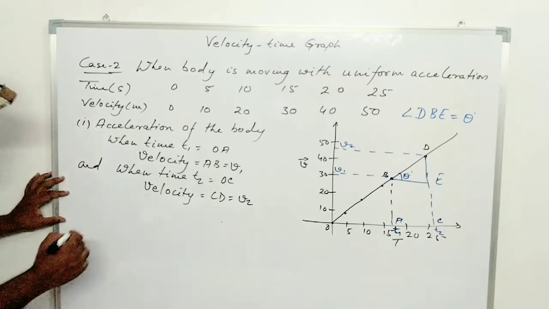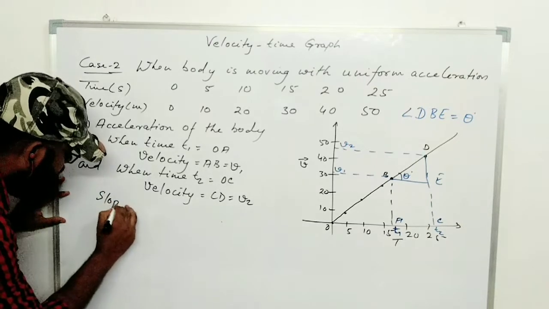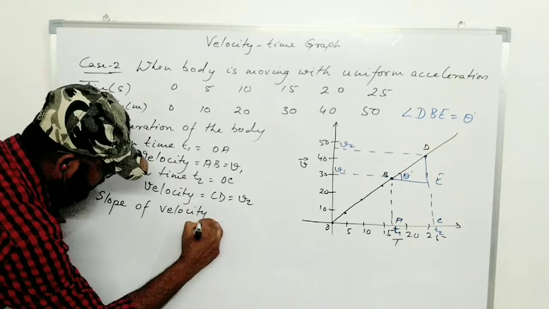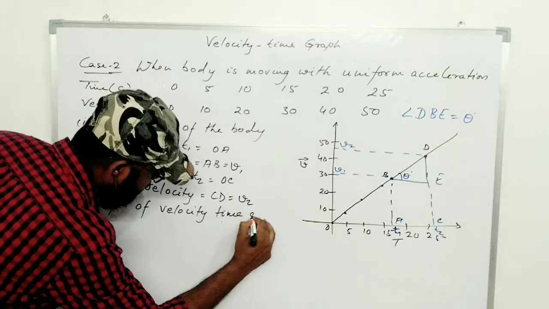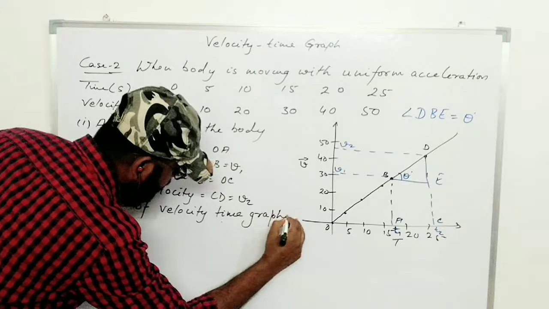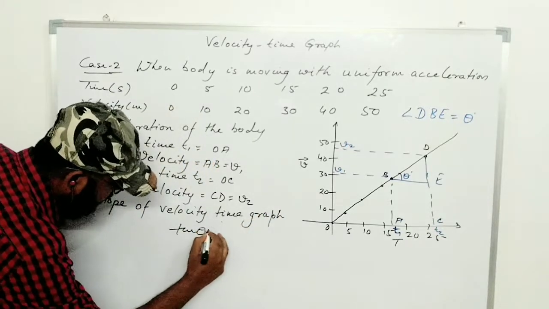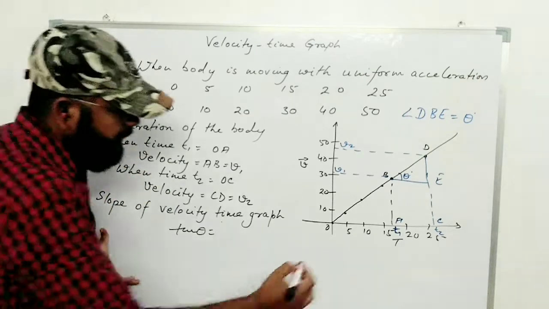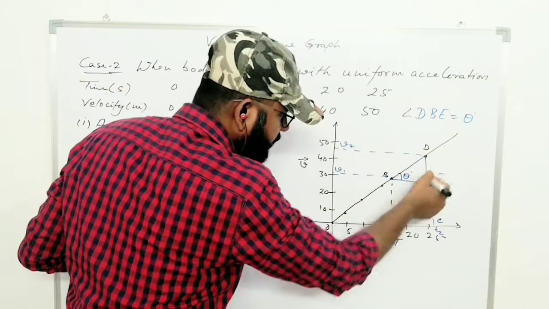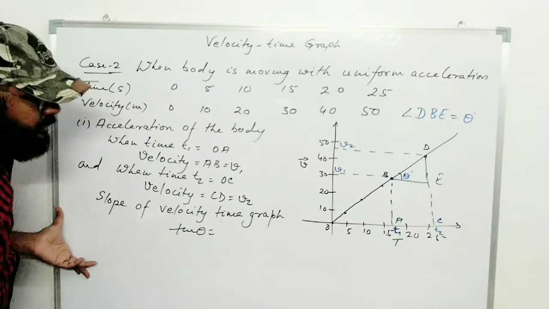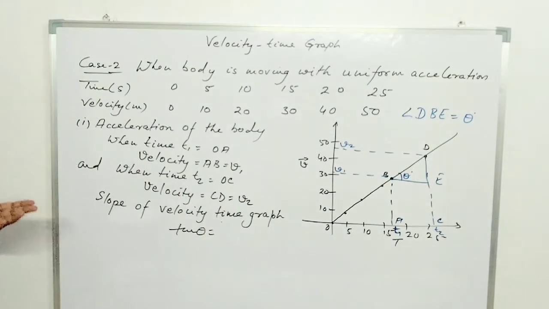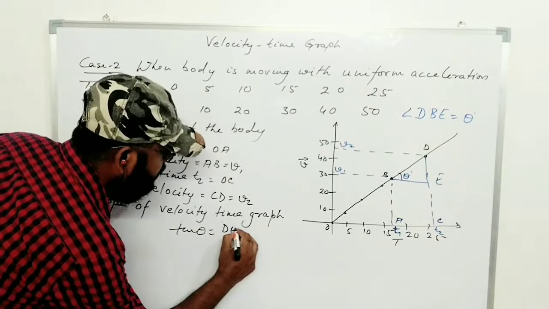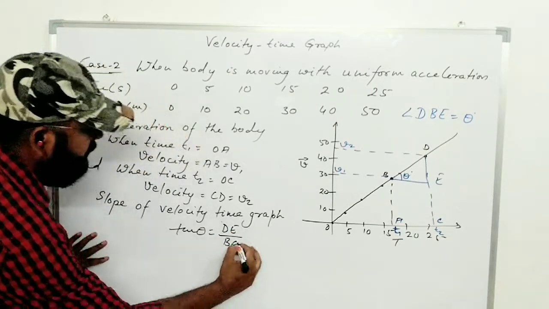Now slope of velocity time graph, and what is that? Tan theta, and tan theta is equal to what? Perpendicular upon base, means perpendicular is this and base is this, means ED upon EB or DE upon BE.